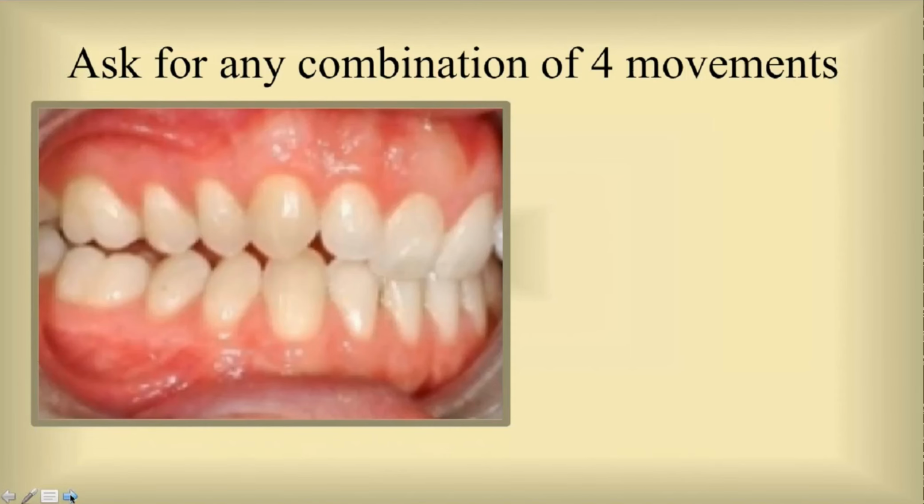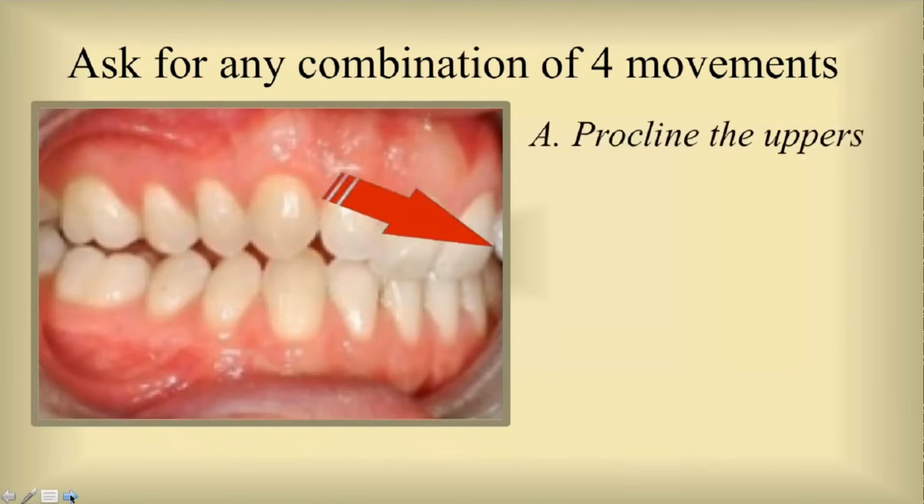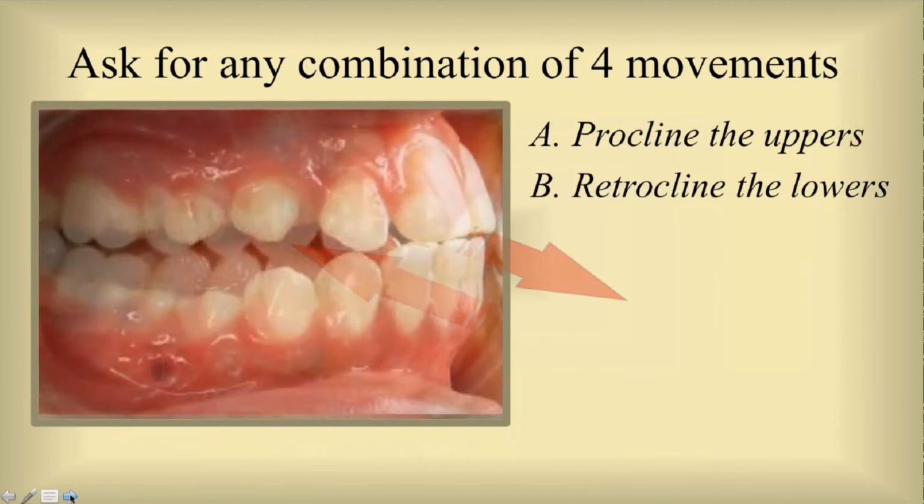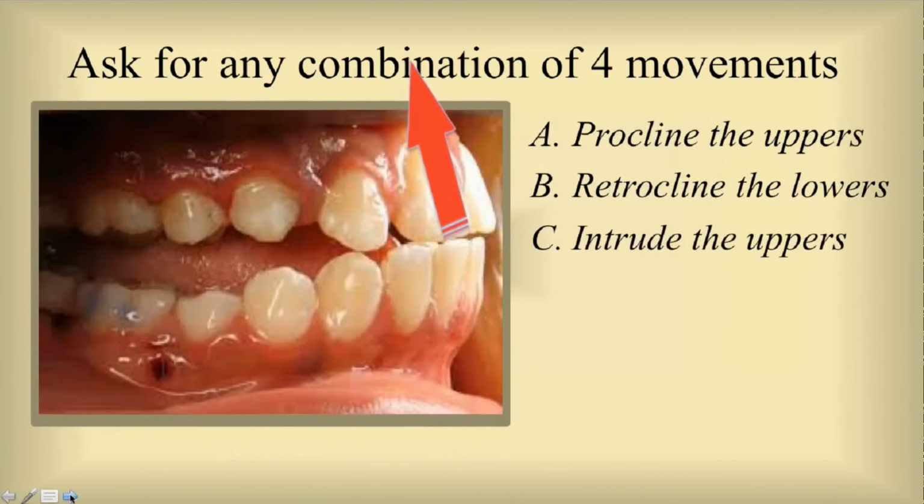So you're going to ask at the beginning, not for super eruption, but any combination of 4 movements. You're going to ask them to procline the uppers. That's going to pull them out of the way of that collision. Or retroclining of the lower aligners. That's going to pull you out of that collision. Or you're going to ask for intrusion of the uppers.